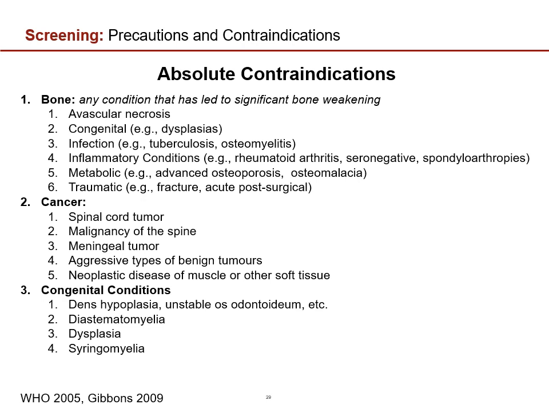Okay, so now we'll take those 7 categories of absolute contraindications and break them down a little bit further. Any bony or osseous lesion or something that would compromise the integrity of the bone that may predispose the individual to having a fracture with spinal manipulation and or manual therapy. Avascular necrosis, congenital conditions, infections, inflammatory conditions, metabolic conditions such as advanced osteoporosis or osteomalacia, traumatic events.